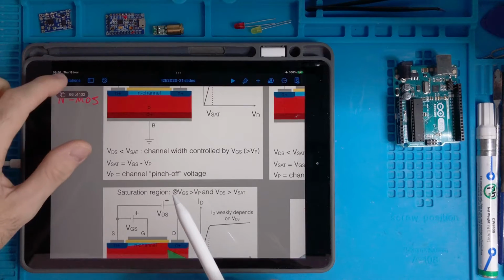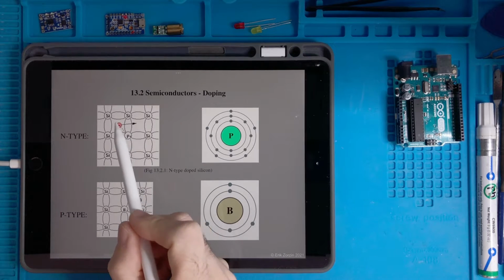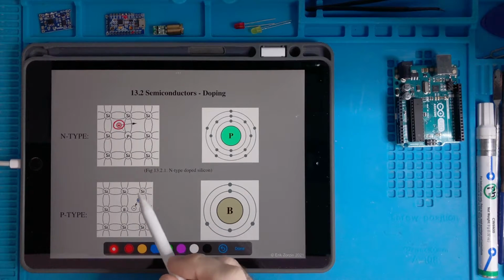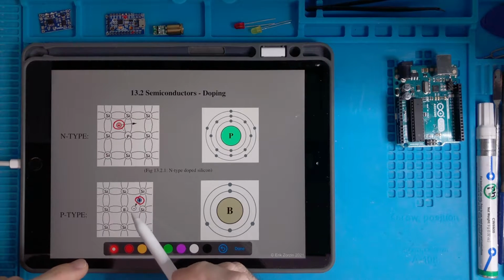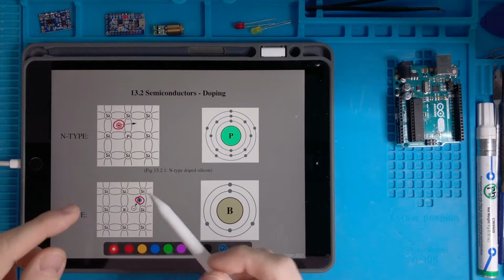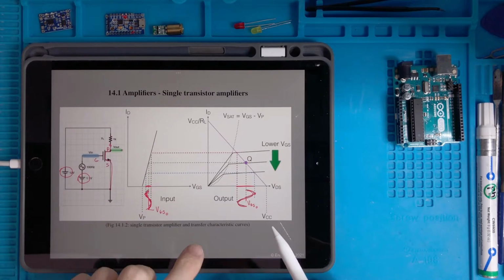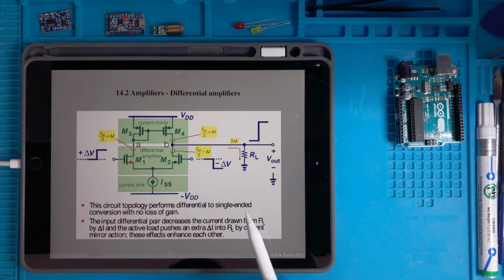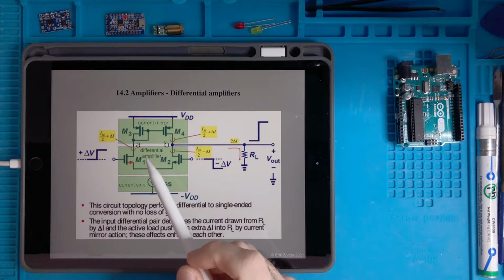So remember that there can be electrons moving in a semiconductor but also holes, which is the vacancy of an electron, with this mechanism of filling a bond, leaving a hole for another electron that will fill the bond, and so on. So there are two complementary technologies, and in fact this is why this thing is called CMOS, complementary MOSFETs.